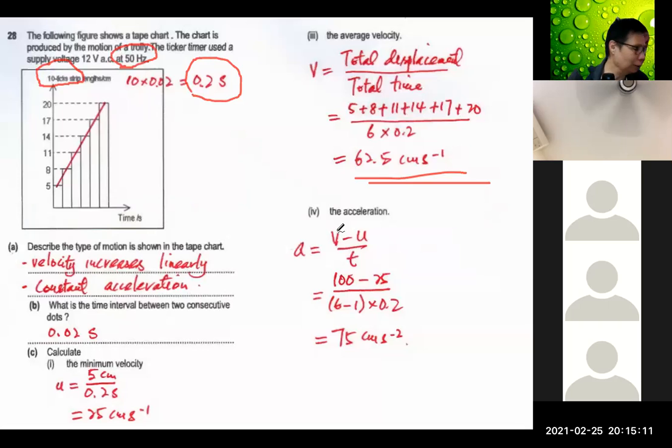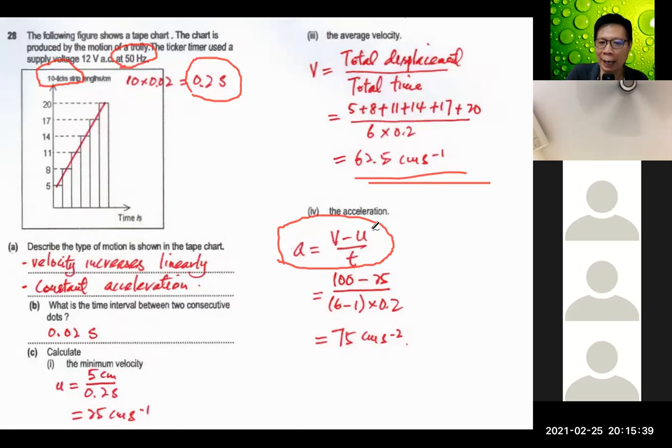V is the final velocity, which is the last one now. It is the maximum velocity, 100. Minus initial velocity, which is the first one, so it's 25. Okay, you remember or not? Every time when you are using this formula, you remember now? This time t is not the total time. It's the time between the final and the initial.